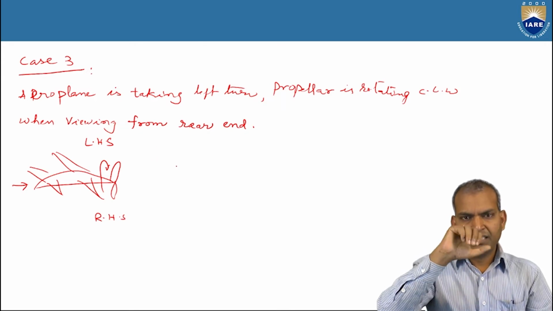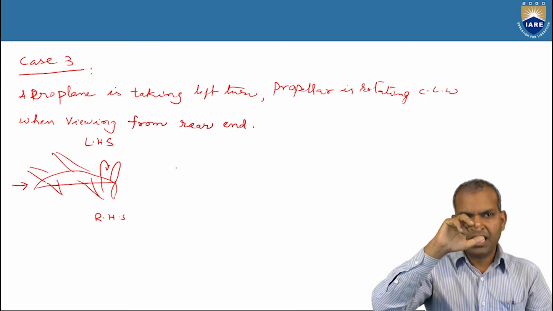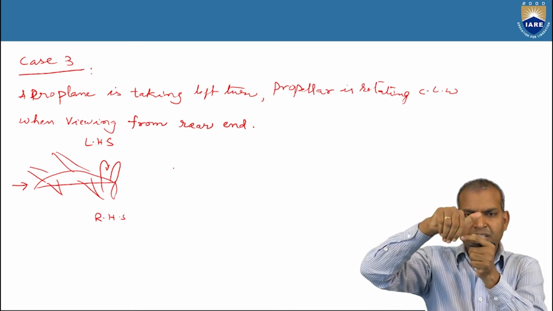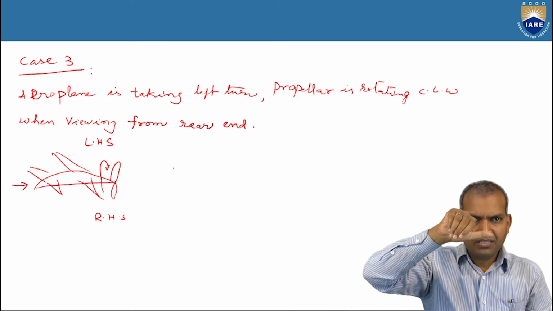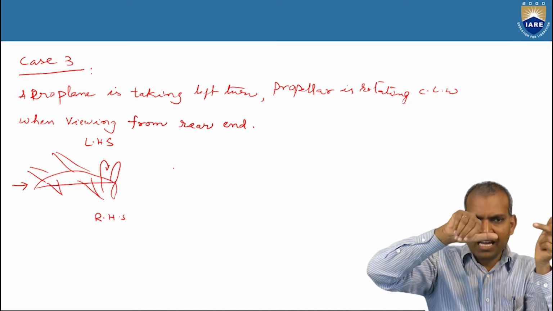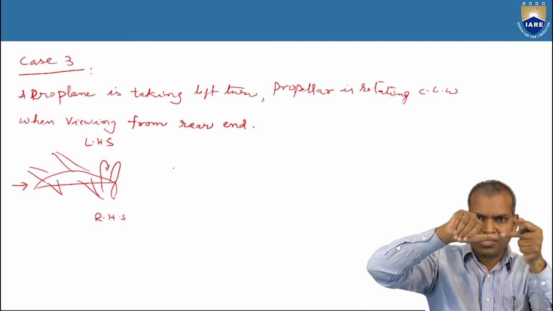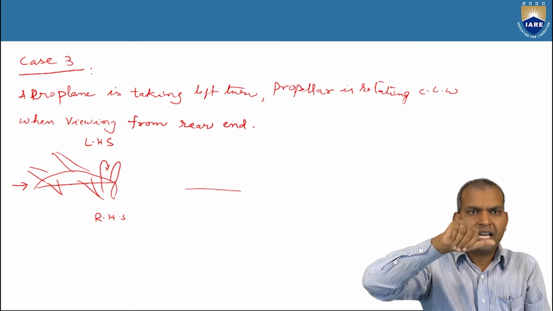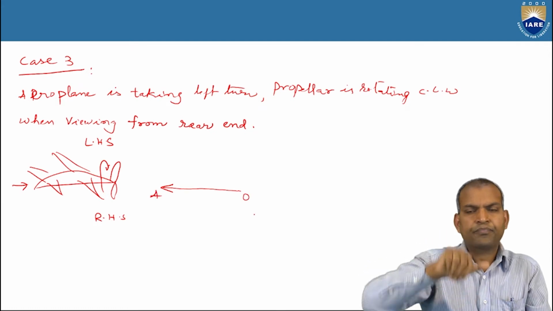Now keep your fingers, as I told you, in the direction of the rotation of the propeller. It is in counterclockwise direction. Then what will happen? When you are viewing from the rear end, it is counterclockwise. Now the angular velocity vector will be in this direction, that is OA.